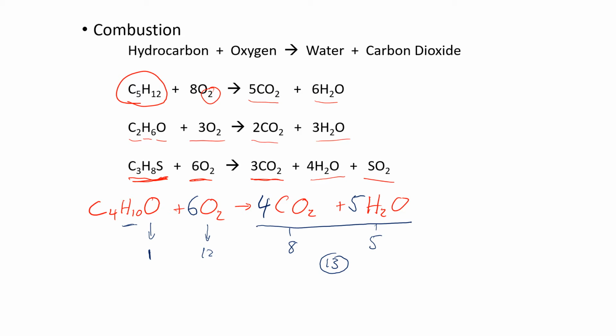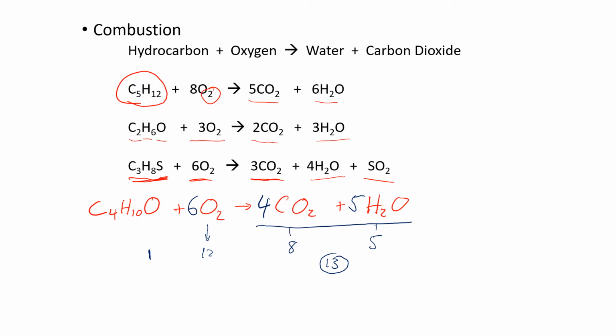Okay, so after I'm done all that, I want to double check my answer. I have 4 carbons, 10 hydrogens, 5 times 2 is 10 hydrogens, and then the tricky one is on the reactant side, I got 1 plus 12 is 13, and I got 8 plus 5, which is also 13.